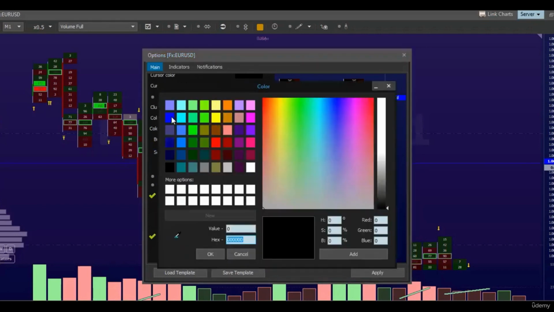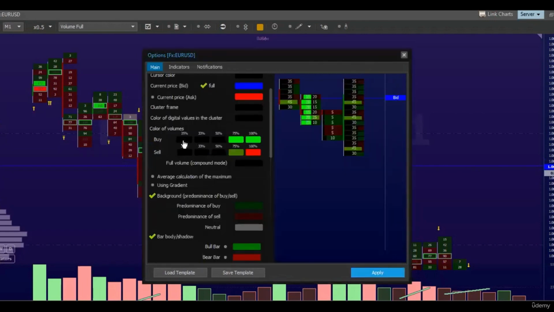So just select the black one, okay, and then apply. Then it will remove the color. Then it only shows when the volume is 70 and more than 75%.